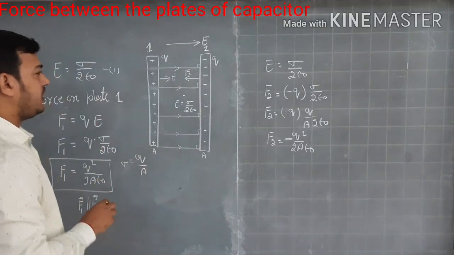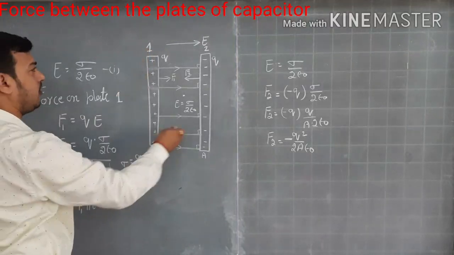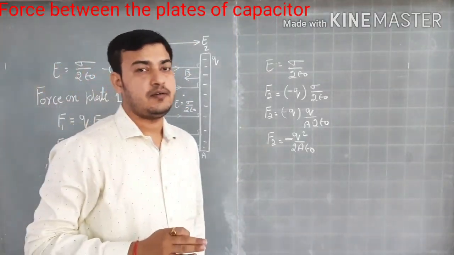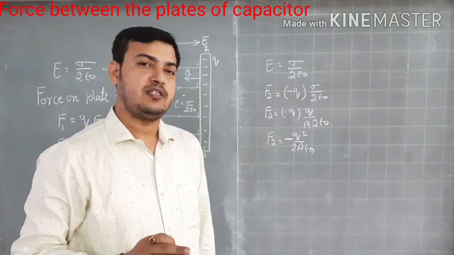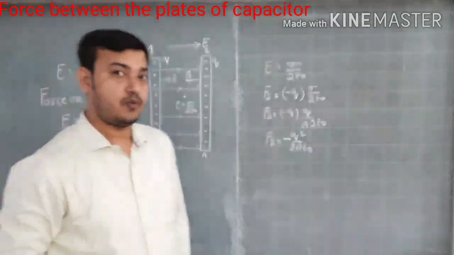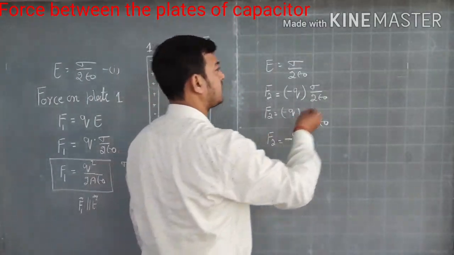Now this is the case where I am assuming that the charge on the plates is constant, and that is only applicable when there is no battery connected to the parallel plate capacitor. So what will happen if I connect a battery? Let us see this.